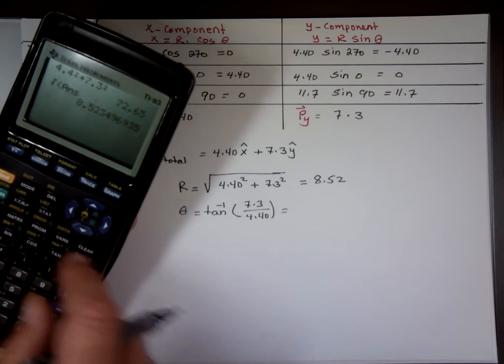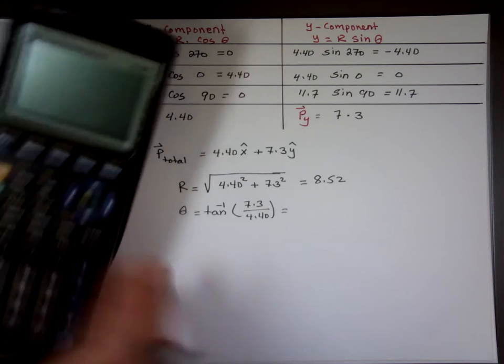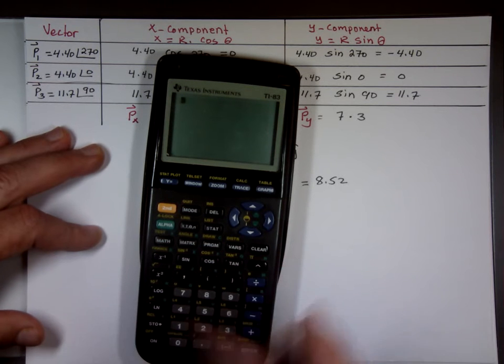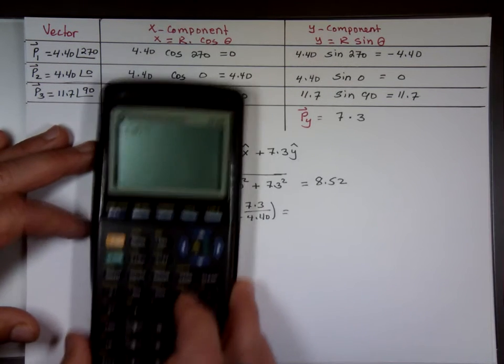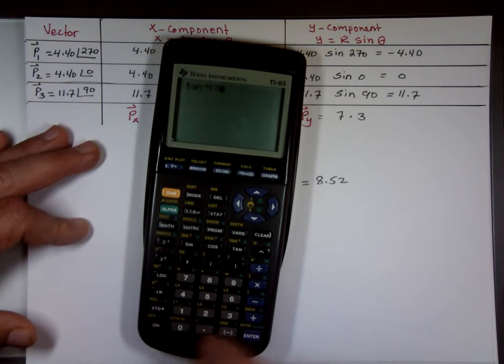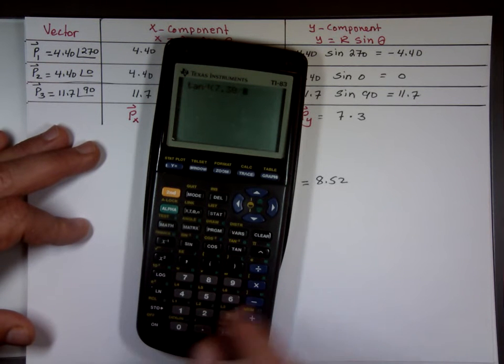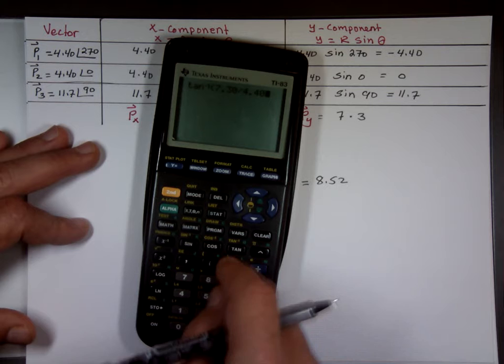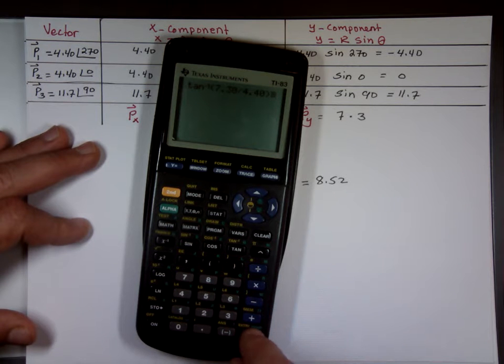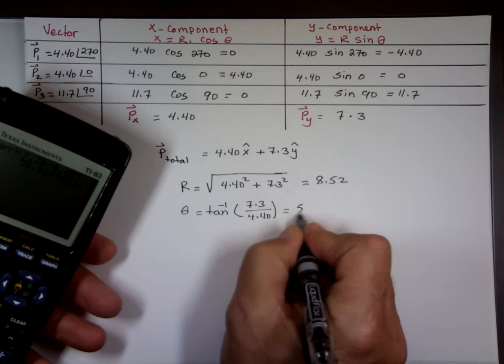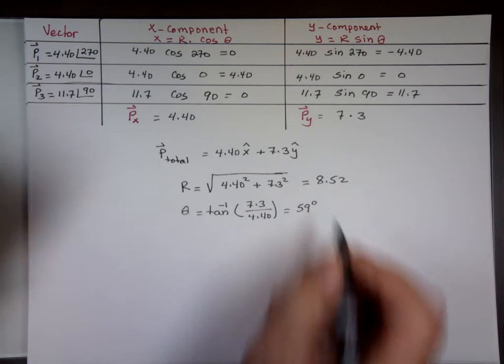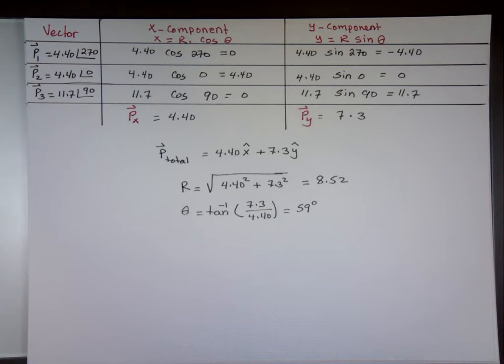Clear, here we go. The inverse tangent of 7.3 divided by 4.4. 59 degrees. And my picture says what, 60 when I graphed it? Yep. That's what the result.